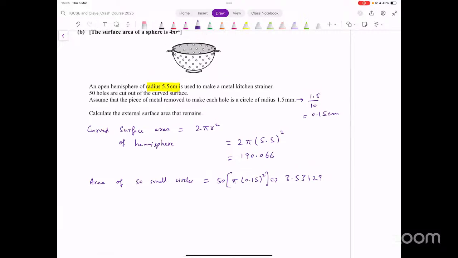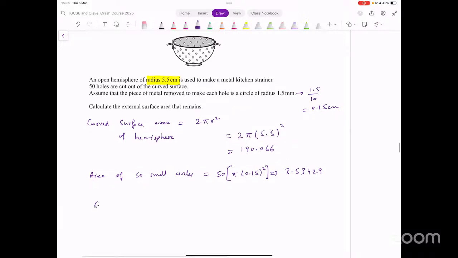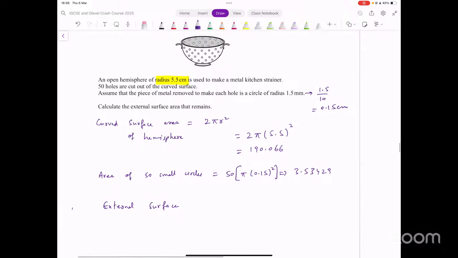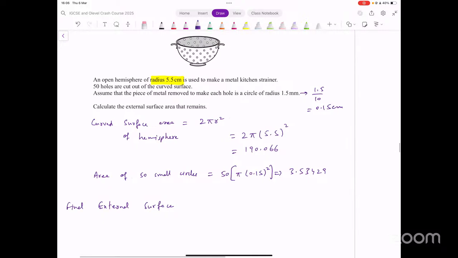What we can do now is subtract from that total area the areas of these holes, and the external surface area that we are left with now, the final external surface area, would be the difference of these two numbers. 190.066 minus 3.53429.